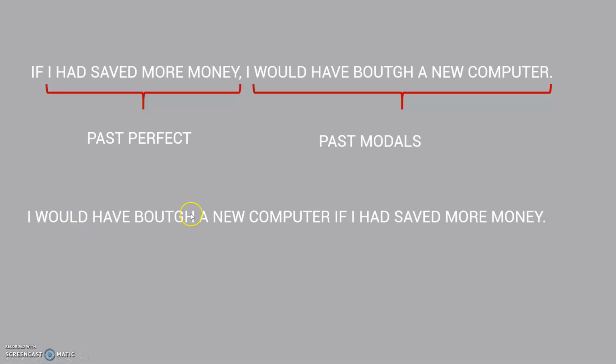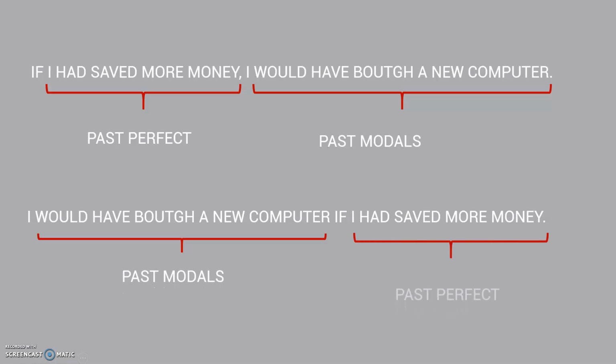So same thing, in the result, past modals, and in the condition, past perfect. Just remember one thing. If the condition is at the beginning, just right here, I use a comma. If the condition is at the end, I don't need a comma, and I always place the period right here.